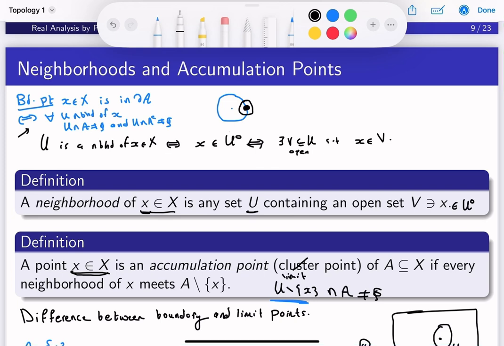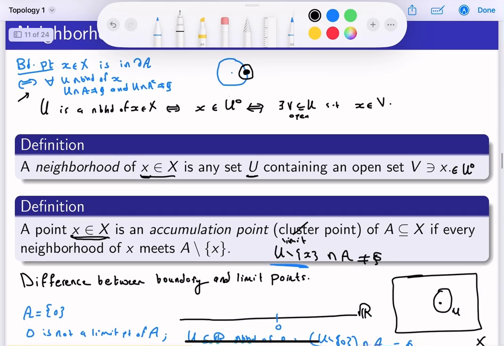Notice there's a very important distinction here. For accumulation or limit points, we're requiring that the deleted neighborhood intersects A. But here, we're not requiring that the deleted neighborhood intersects A, just the neighborhood.